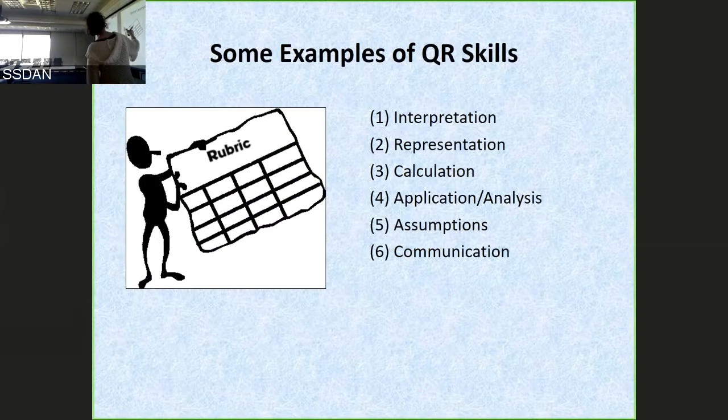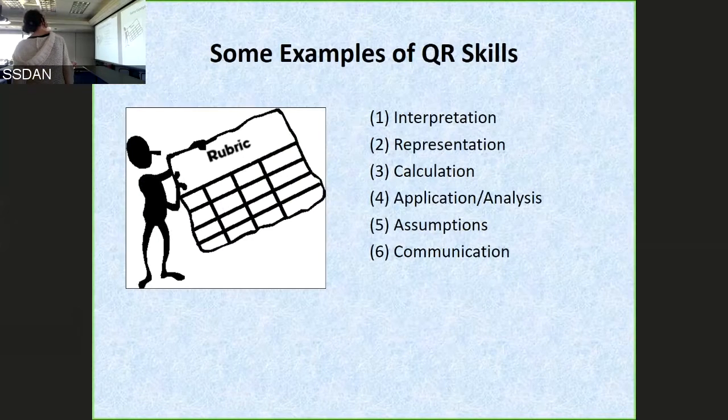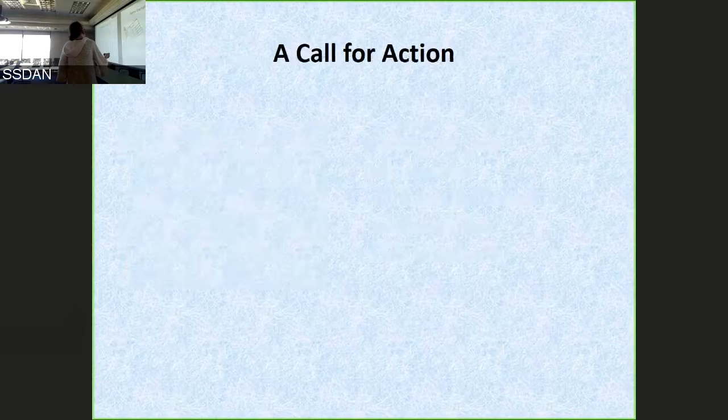They talk about interpretation, representation, calculation, application, analysis, understanding assumptions, and communicating research findings, whether orally or in writing, as key components of quantitative literacy and quantitative reasoning. I think that really encompasses some of the key skills that we want to teach.